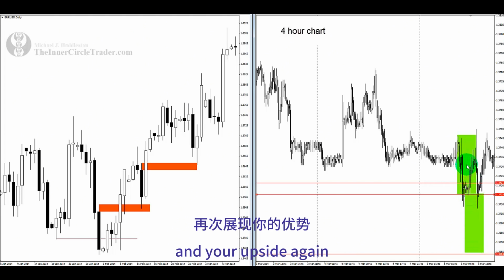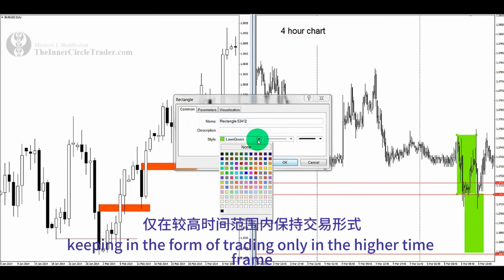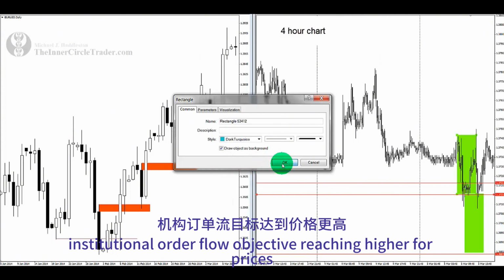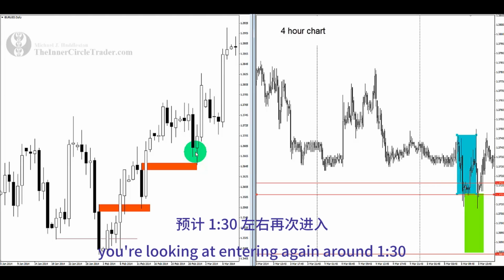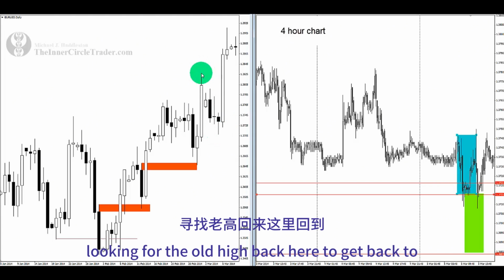and your upside, again keeping in the form of trading only in the higher time frame institutional order flow, with the objective of reaching higher prices. You're looking at entering again around 137.15, right in here, looking for the old high back here to get back to.